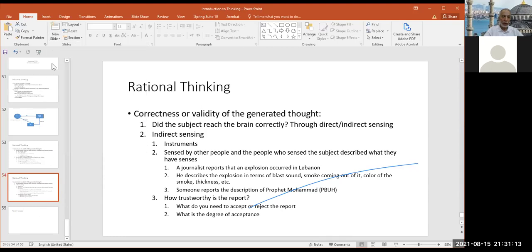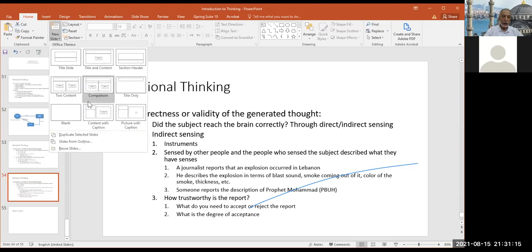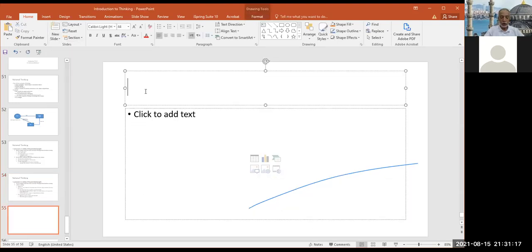Okay, let me add another slide here, which I will touch on, thinking about historical incidents.